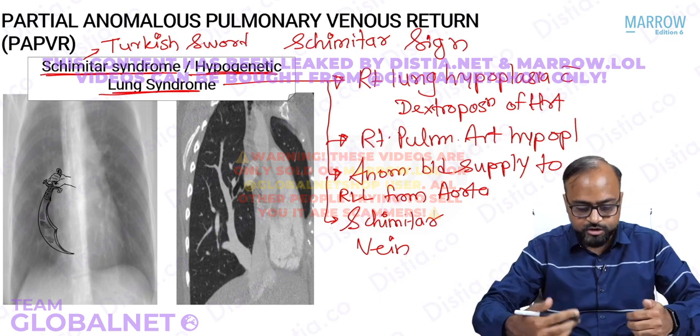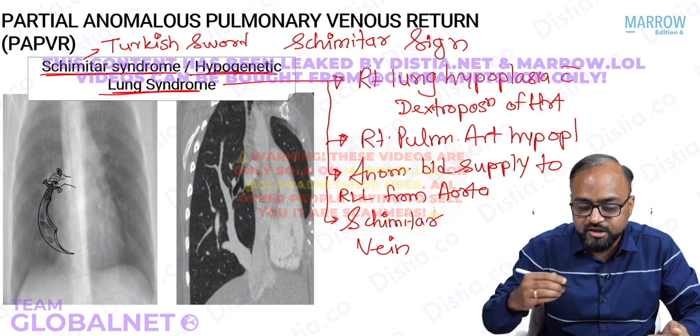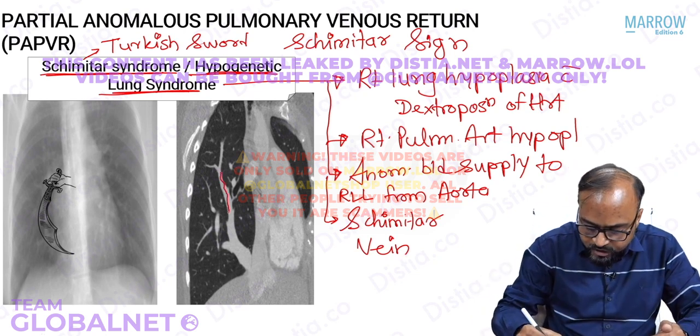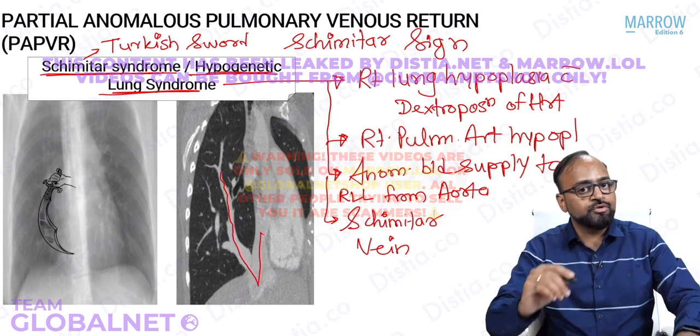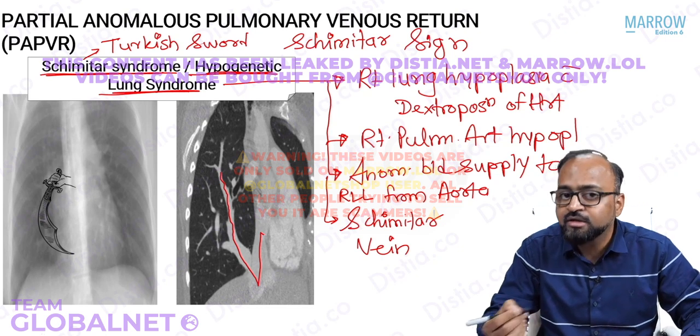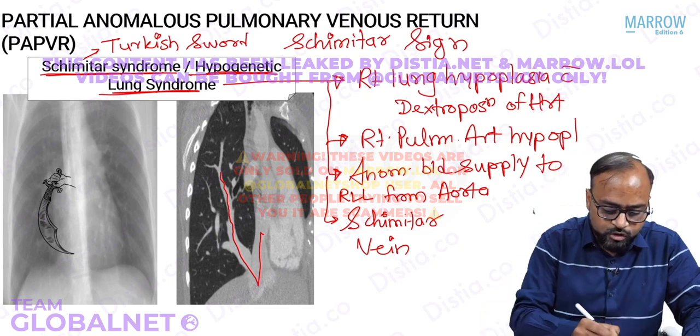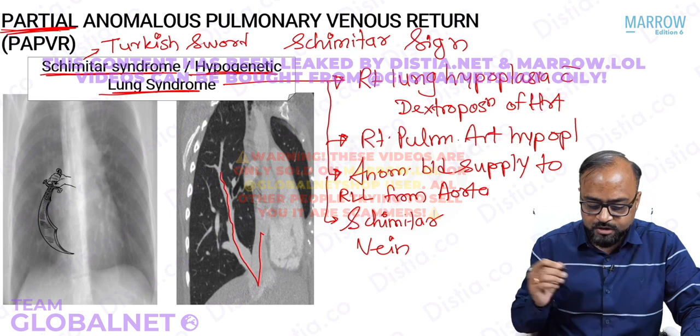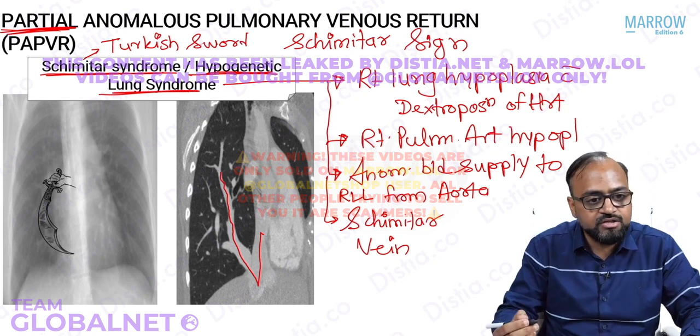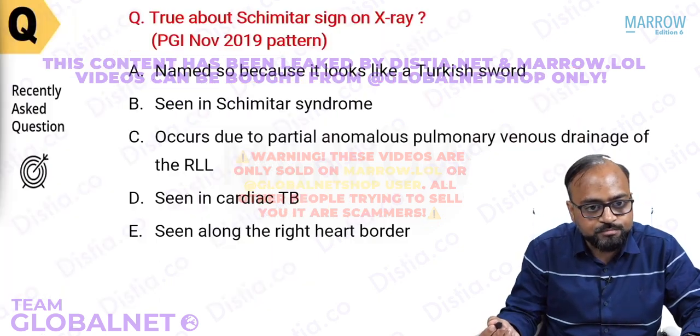It goes down and drains into the IVC. See here, this is a reconstructed CT image in which this anomalous vein is seen going down and draining into the IVC. That is how the blood is going to go into the RA. So this is anomalous return, but only one vein is abnormal, so it is called partial anomalous pulmonary venous return. This is scimitar syndrome or hypogenetic lung syndrome.